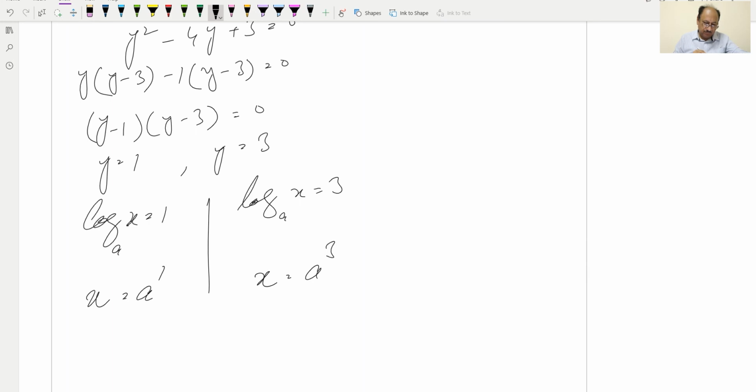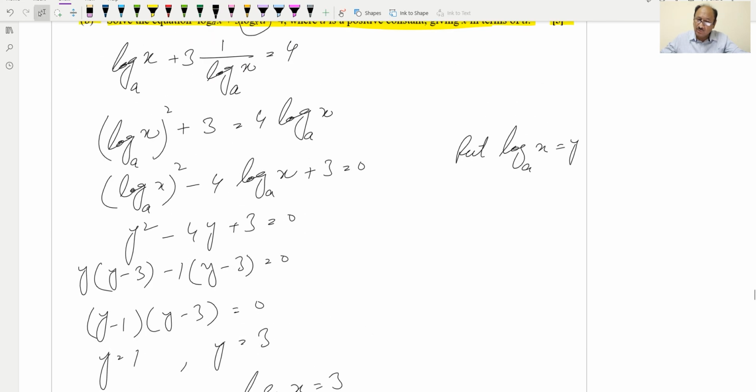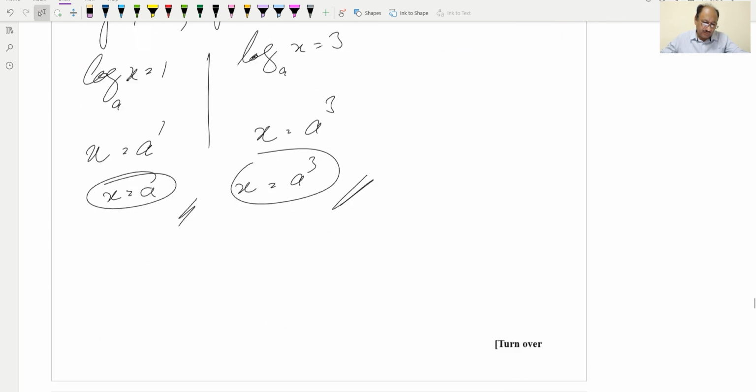So this implies x is equal to a, and x is equal to a raised to the power 3. These will be the two answers for this question, which is a 5 marks part.